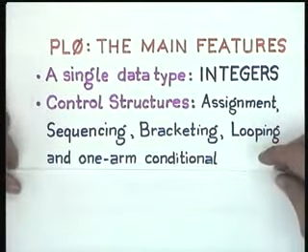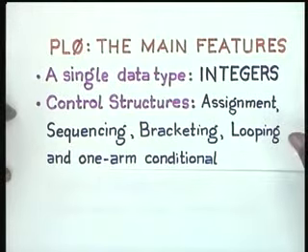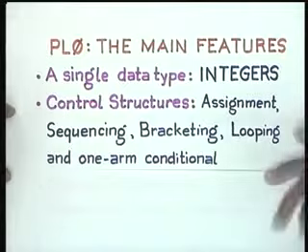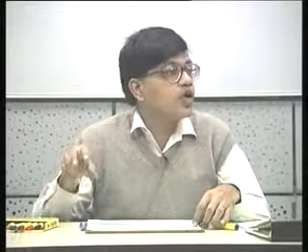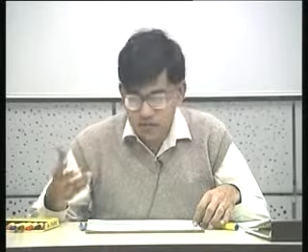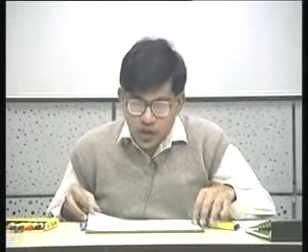That means it has an if-then statement; there is no if-then-else. You can program an if-then-else as two one-arm conditionals in sequence, where you negate the boolean. Of course, there are no boolean data types, so you will have to encode your booleans maybe as integers, using 0 for false and 1 or anything greater than 0 for true, okay.